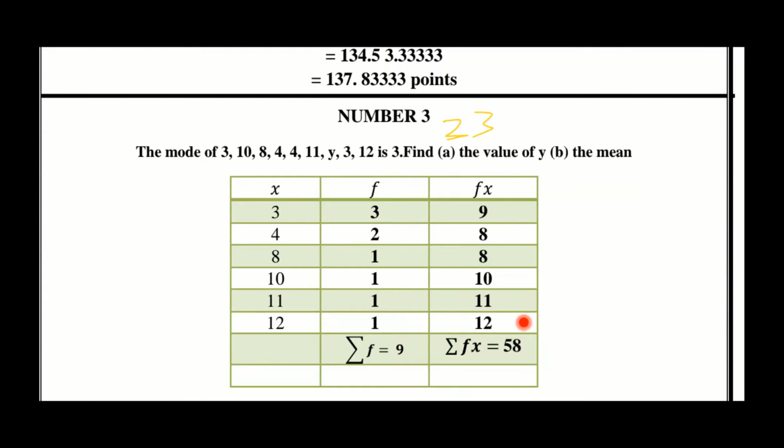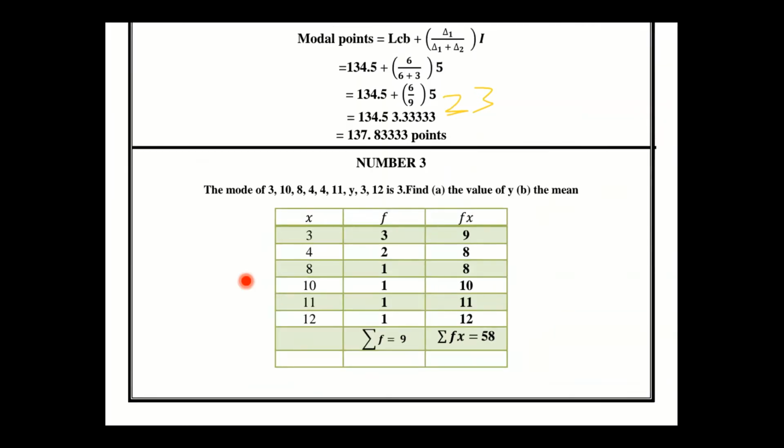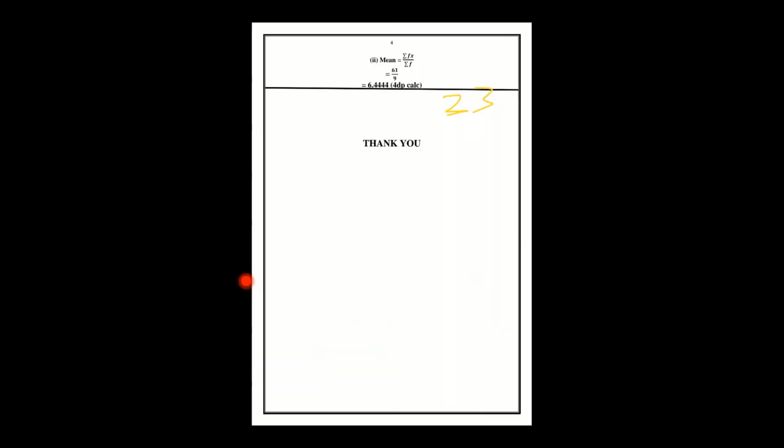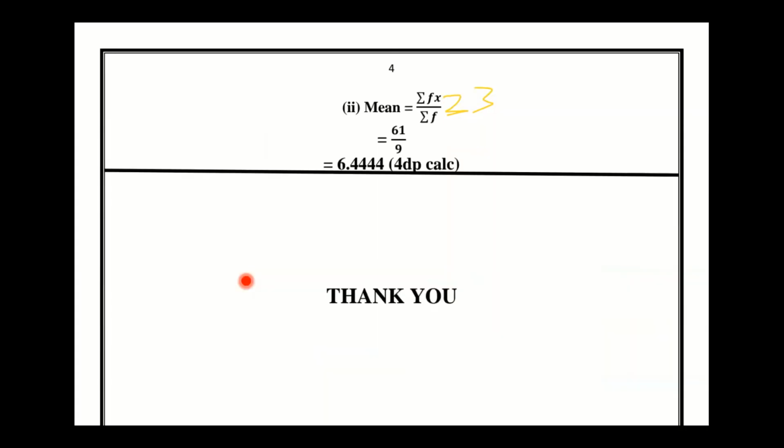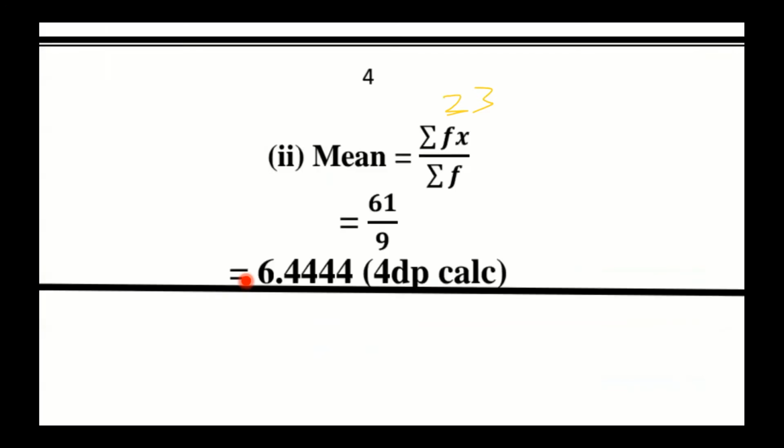When I sum that all up, I'll have summation fx of 58. Following the formula, 58 divided by 9 gives me 6.4444 as my mean. Thank you.